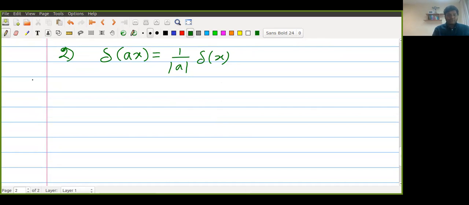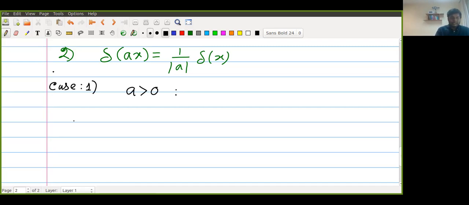To prove this, let me first take black color. We will prove this in two different cases. In case one, when a is greater than 0, we consider a to be positive.